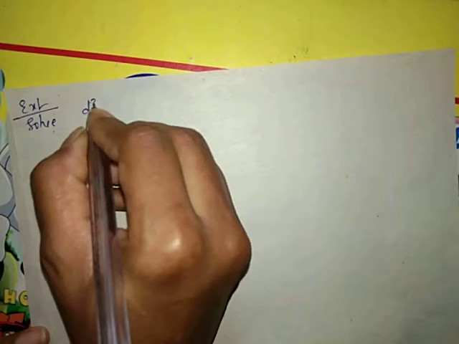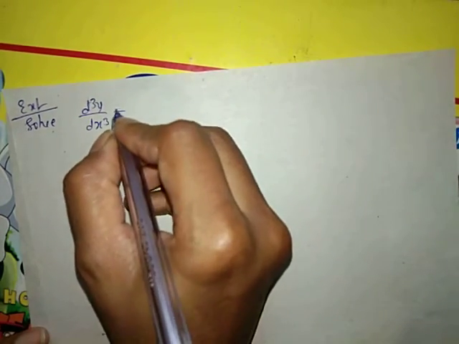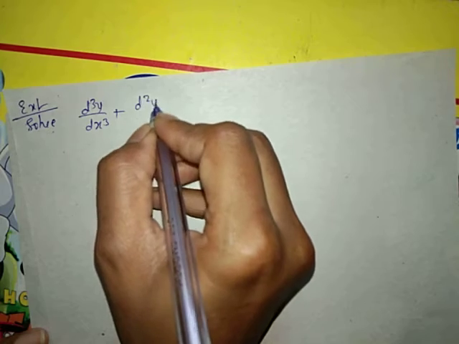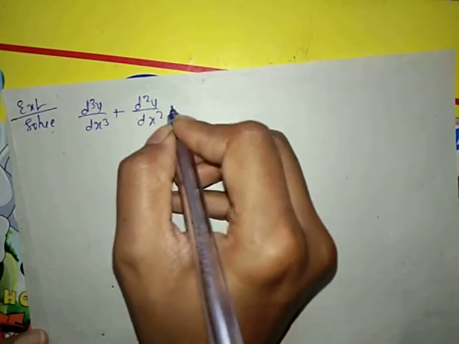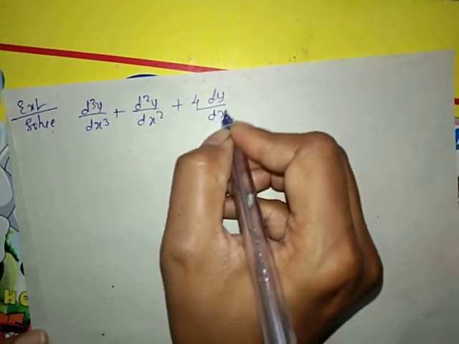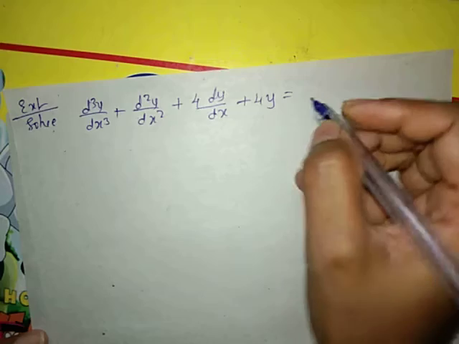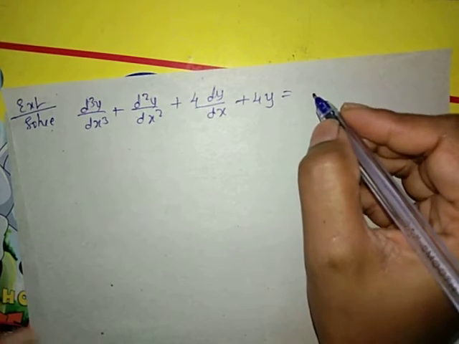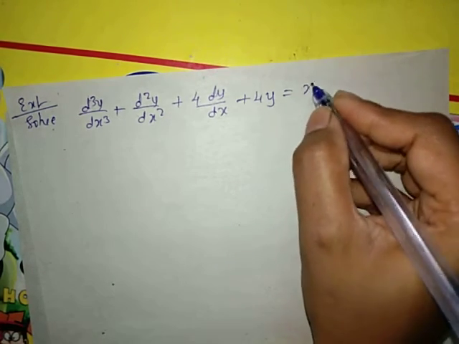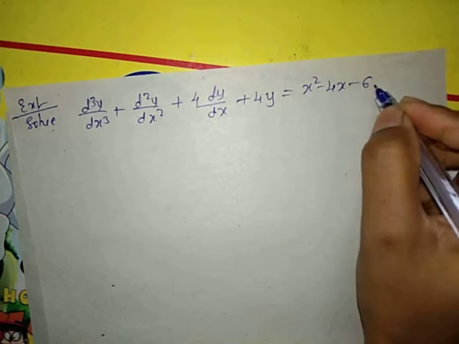d cube y by dx cube plus d square y by dx square plus 4 dy by dx plus 4y is equal to x square minus 4x minus 6.